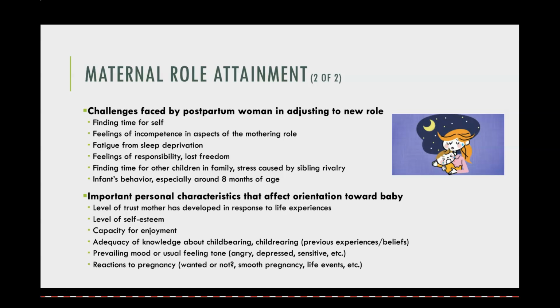Was it wanted or not? Was it a smooth pregnancy? What were the life events that were surrounding this pregnancy? So is it a mom who's gotten pregnant and now she and her husband are divorced before she's had the baby? There can be a lot of things from a life standpoint that play into how a mom is able to move through these roles.